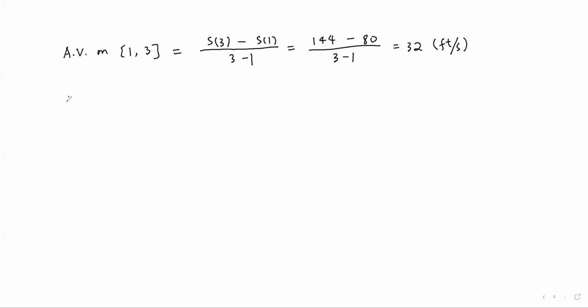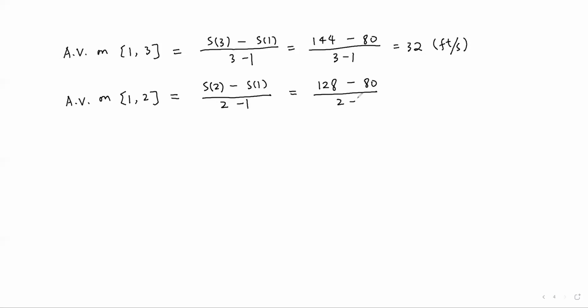Similarly, average velocity on the time interval 1 to 2, by formula, is position at 2 minus position at 1 over time elapsed. It is position at 2, 128, minus position at 1, then over 2 minus 1.